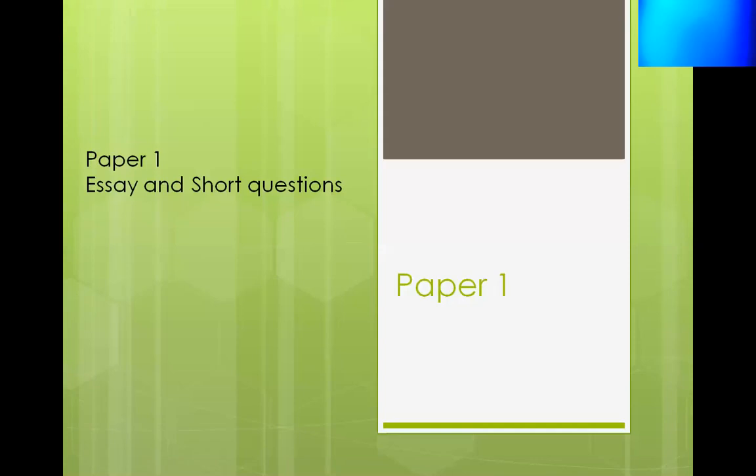The paper has two sections. The first section consists of the short questions. Here you have 4 compulsory questions of 5 marks each. There may be parts in the question, A, B, but the maximum marks for any question are 5. So you are going to have 20 marks for this section 1.